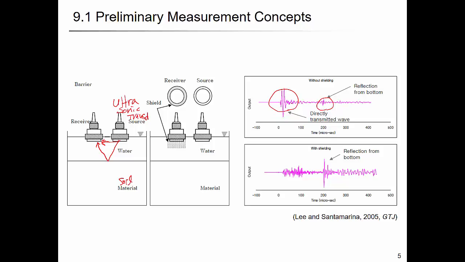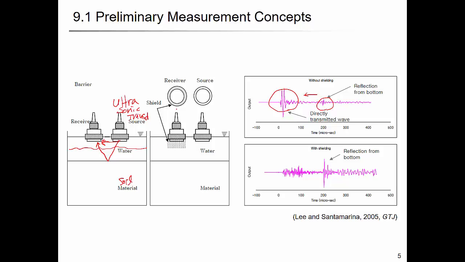The distance was far enough, but if the water depth was around here, then what will happen? The reflection will go this way, right? So it's going to be faster, so they can overlap each other, and then you don't know which one is the reflected wave. To avoid this directly transmitted wave, you can isolate the receiver by some mechanical means.